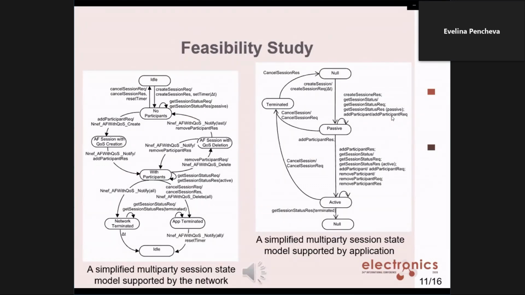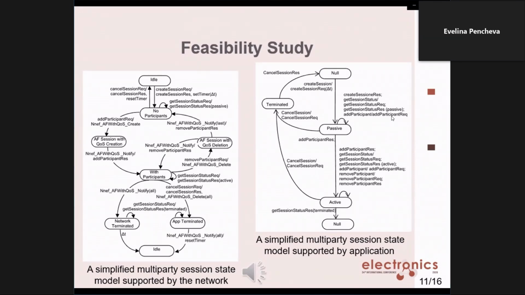To assess the feasibility of the proposed interfaces, we model the visions of the network and the mobile edge application on the state of a multi-party multimedia session. The network and mobile edge applications must have synchronized visions, and the multi-party multimedia session state models must expose equivalent behavior.